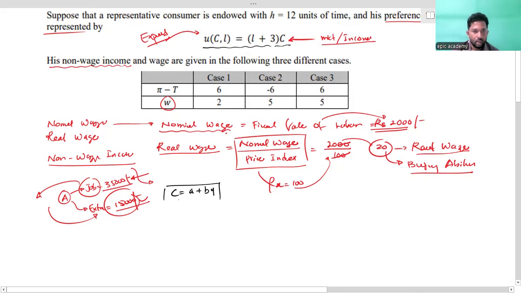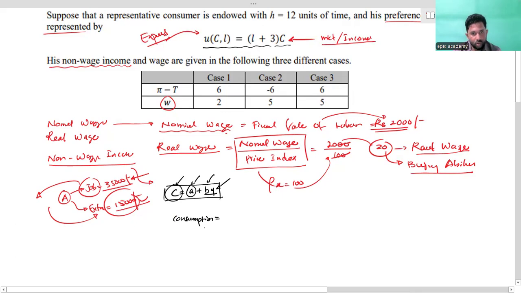In macroeconomics also, we consider that consumption equals autonomous consumption plus the marginal propensity to consume times the level of income. The level of income and the autonomous consumption are the factors which determine the total consumption of any consumer in macroeconomics. But here, you have to identify that the consumption of a certain person depends on both of these. First one is consumption.